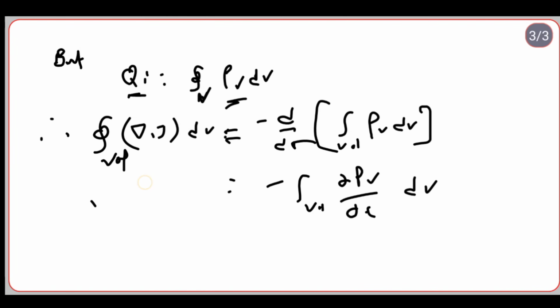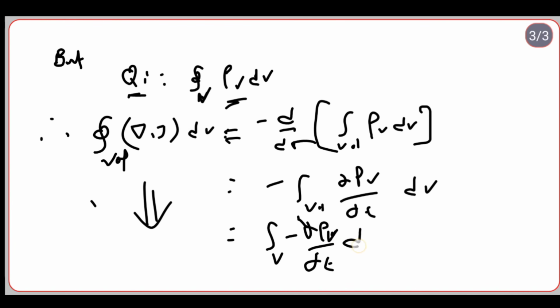Therefore, volume integral del dot J dv equals volume integral minus dou rho v by dou t dv.